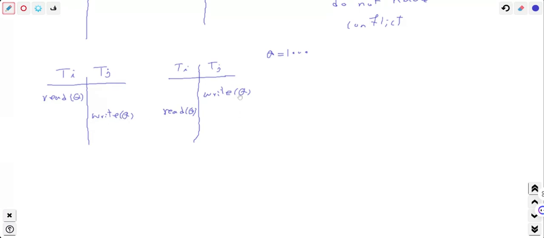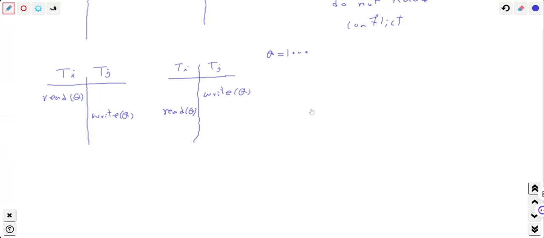But on the right side, because Tj writes Q first and after that Ti reads Q, Ti sees what Tj has written in the database. The value that Ti reads on the left side and on the right side differ from each other. So these two orders are not the same.